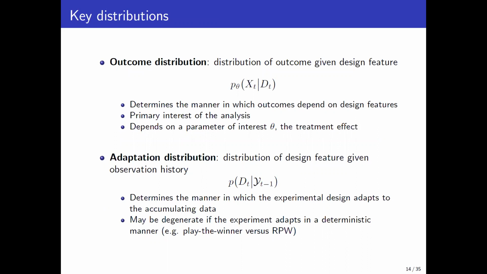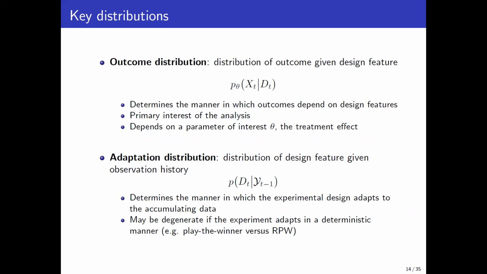So that's the data that we get: a sequence of observations that have two components, an outcome and a design feature, such as a treatment allocation. There are then two distributions of particular importance in defining how that data are generated.